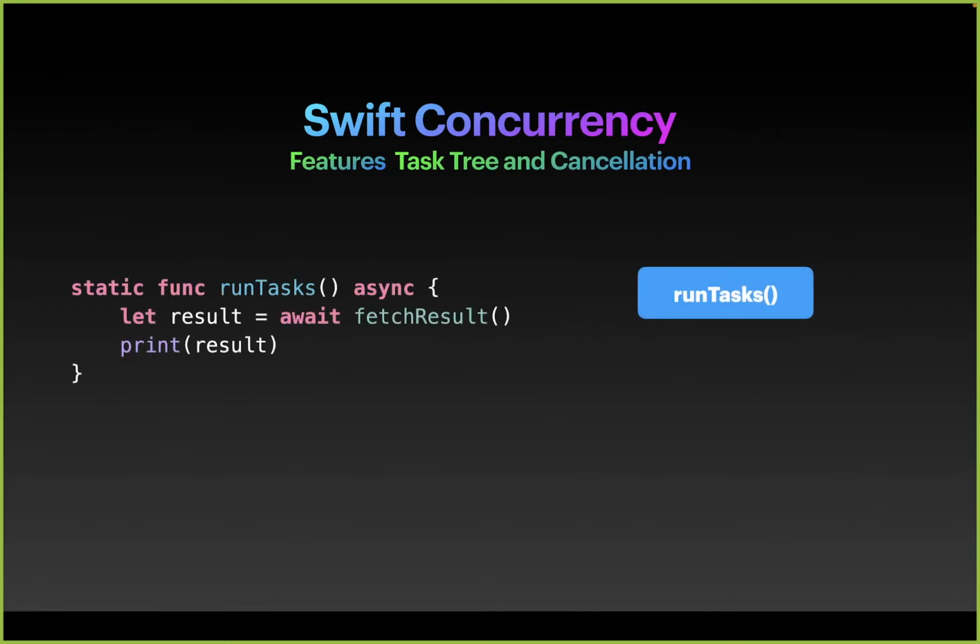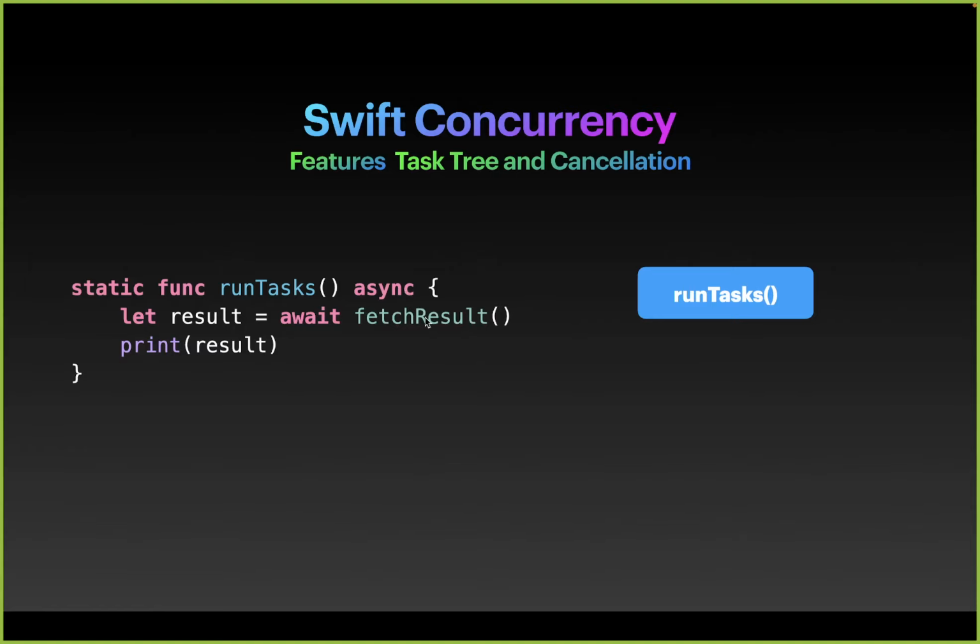Again, let's take a look at the run tasks function we saw before. When we start this function, there is some kind of system behind the scenes called the task system. It can create a task for you, and it has a tree structure. For example, when we first run this function, it creates a task called run tasks. Inside this function, we await another function, fetch result.